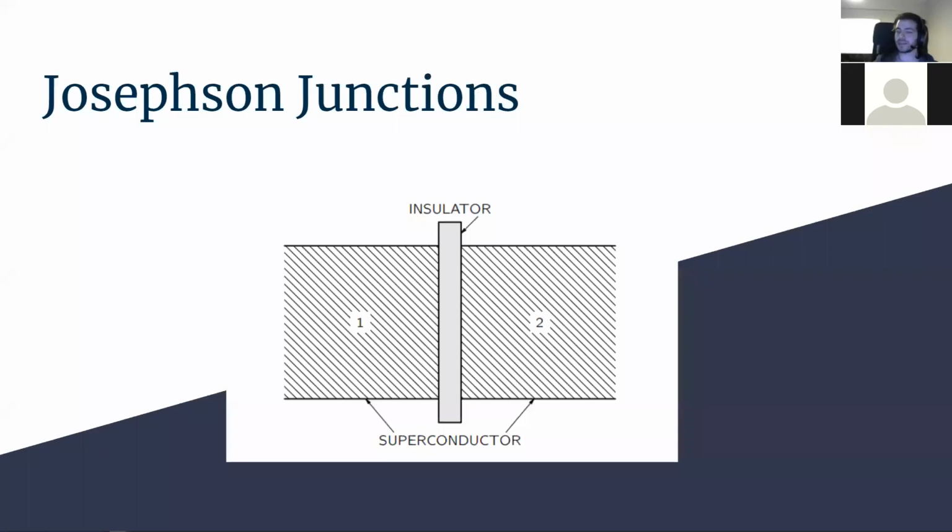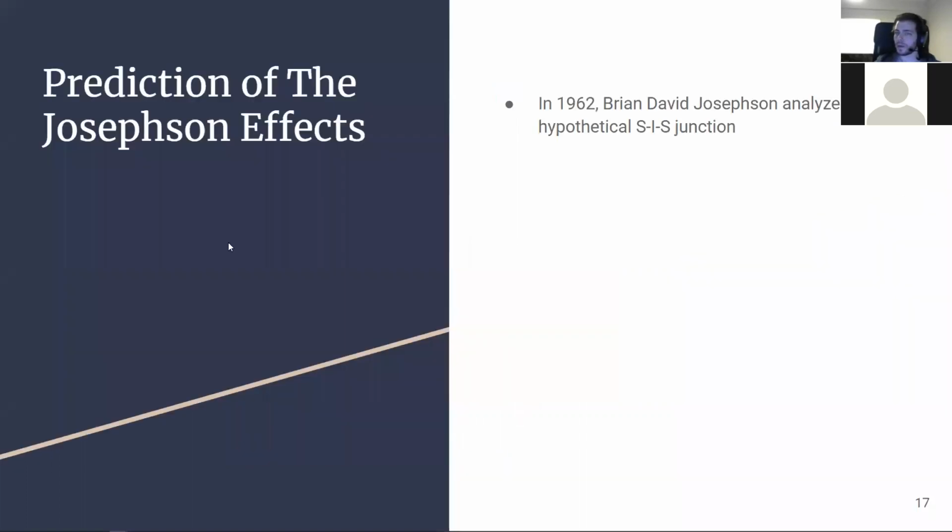Okay, so welcome back. Now we will talk about a setup where we have two superconductors which are connected by a thin layer of insulating material, as shown in this figure. This arrangement is what we call a Josephson junction. Josephson analyzed this setup and what might happen at a junction between two superconductors, and he discovered that a number of strange phenomena should occur.